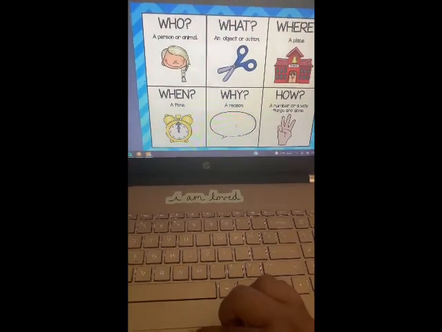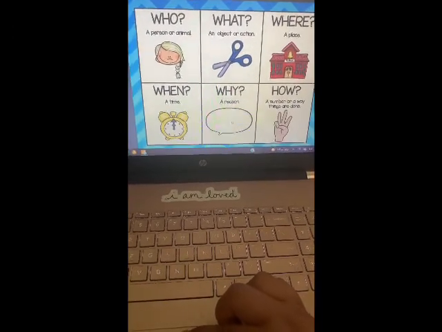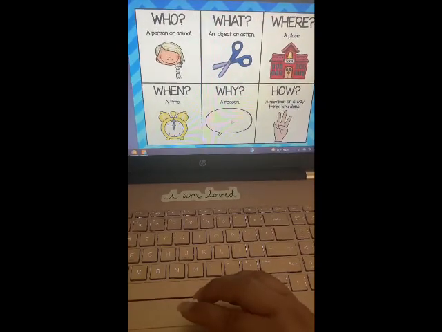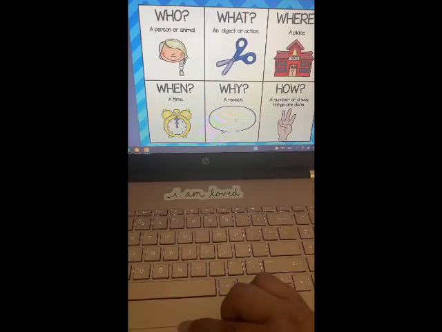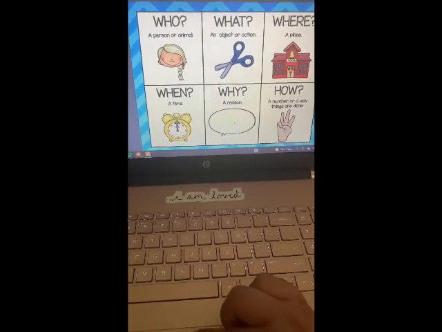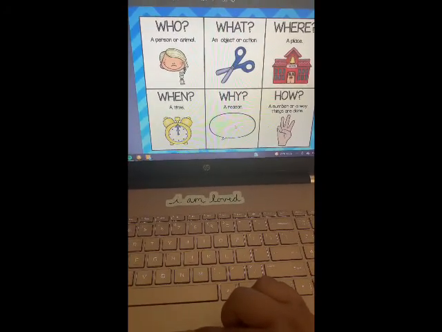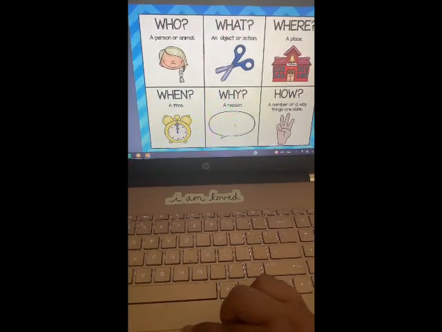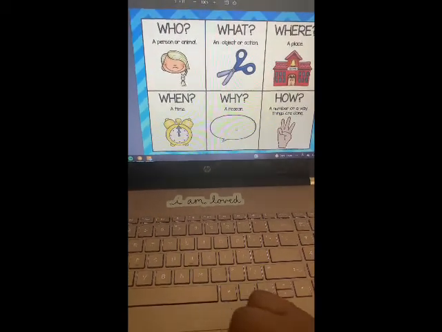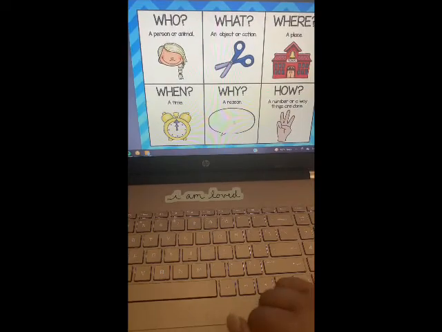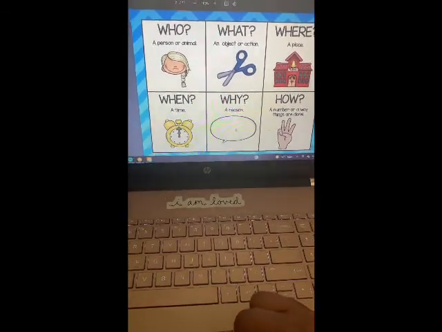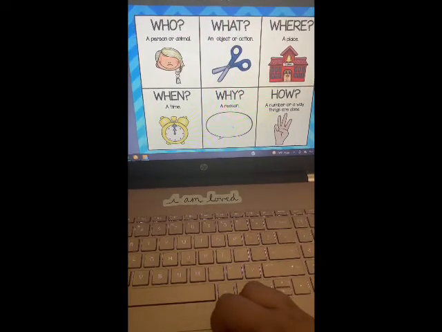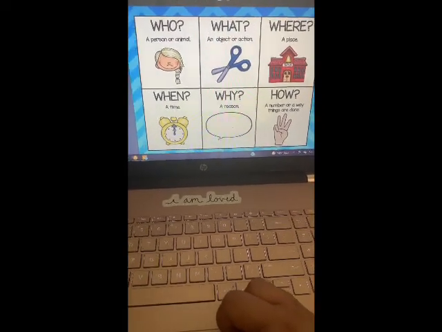And we could say, well, I don't like them because, we're going to give a reason, I think they taste really yucky. Or why don't you like going across the monkey bars? And you might say, because, we're going to give a reason here, because it is too hard. I just can't get across, and I'm done trying.